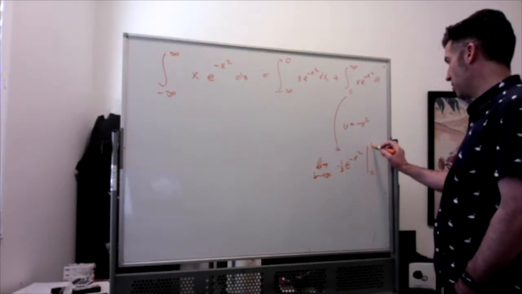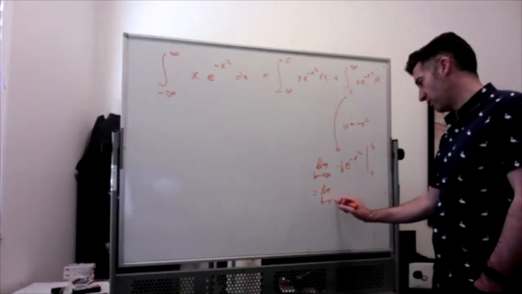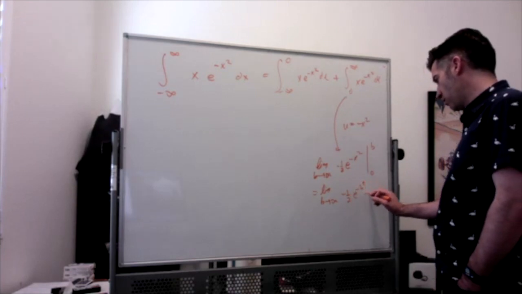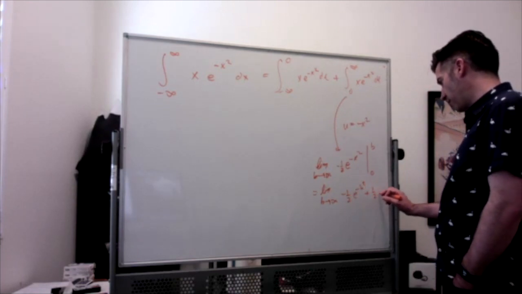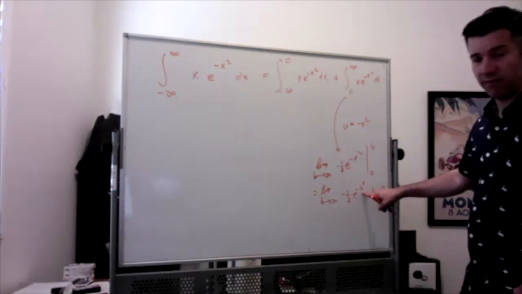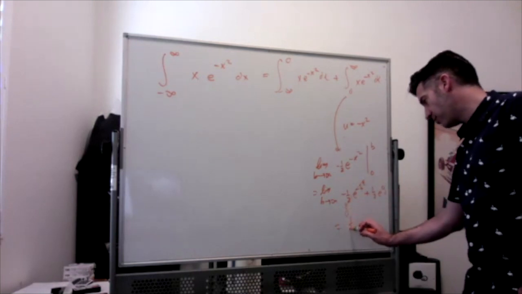from 0 to b. And then you plug in the b, and you get the limit as b goes to infinity of negative 1/2 e to the negative b squared minus negative 1/2 e to the 0. And then e to the negative infinity goes to 0. So this part goes to 0, and you're getting 1/2.